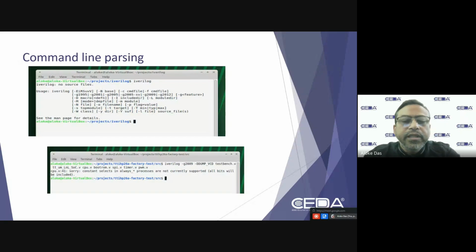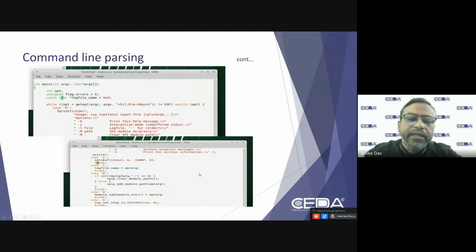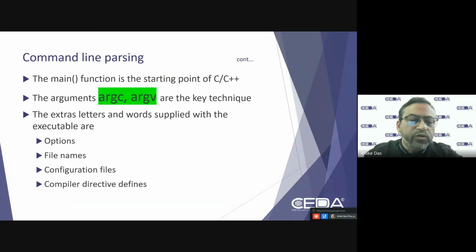Minus d dump vcd means I'm saying that after simulation, write the simulation results in vcd format. Those who know, vcd is a format to visualize in any simulator GUI. Minus d is used for compiler directives. We'll explain later, don't worry about it.